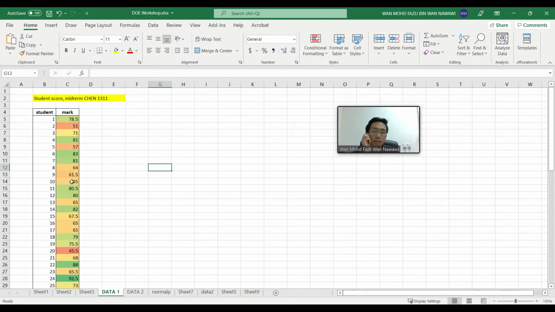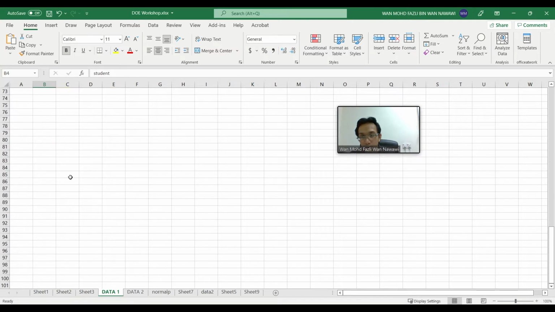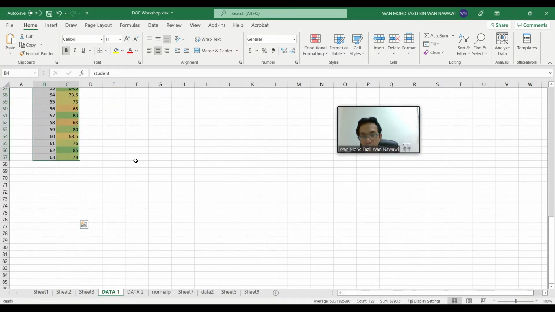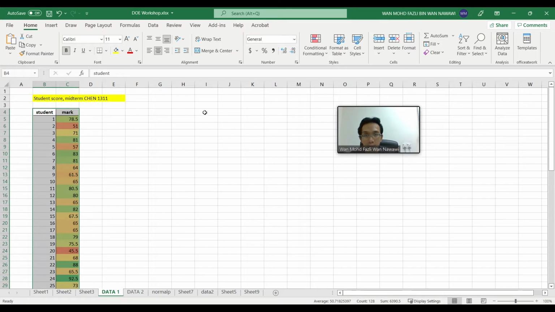In order to arrange this data, you need to sort. Let me copy this, and then I put it here. Control V, the same.